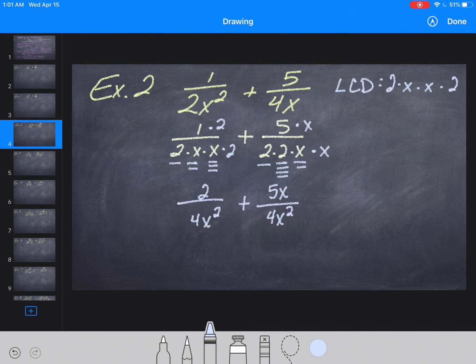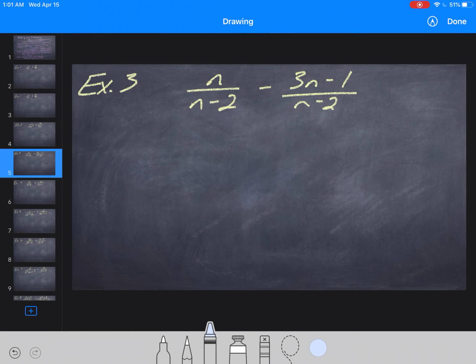Once we have a common denominator, we're going to go ahead and combine our fractions into one. So I have 2 plus 5x all over, and we write our 4x squared one time, because remember, whenever we combine our fractions, we only write our denominator once. Then we look to see, can we combine like terms? Well, 2 plus 5x cannot be simplified, so this is my answer.